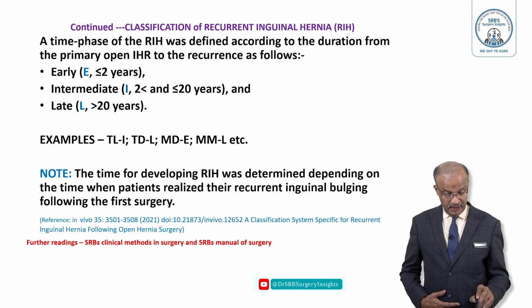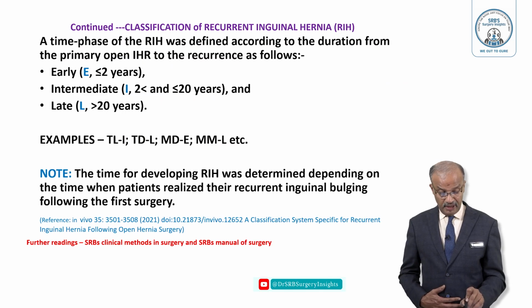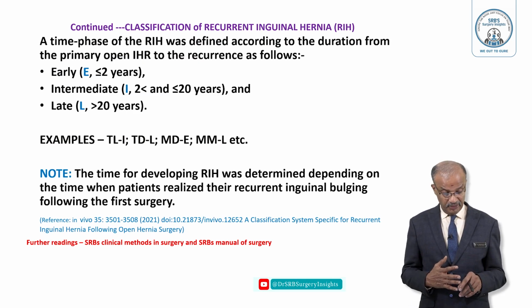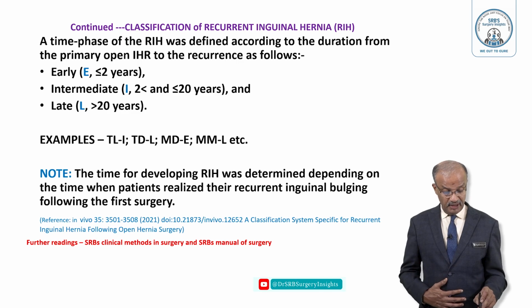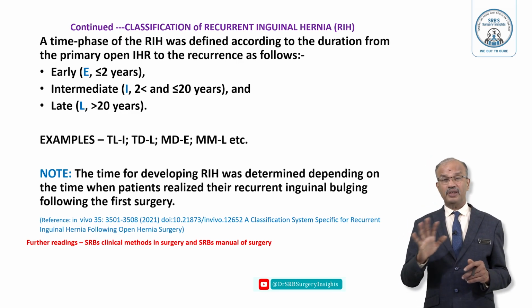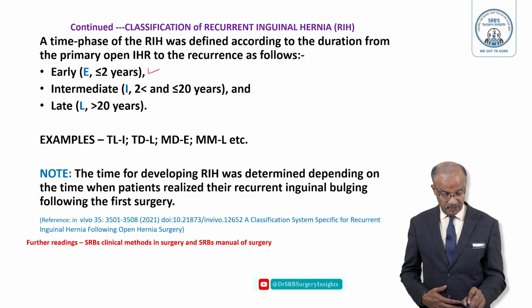Again, the time phase of recurrent inguinal hernia is defined according to the duration from the primary open inguinal hernia repair to the recurrence. When recurrence occurs less than 2 years after repair, it is labeled early, E. In olden days they said early recurrence was within 5 years, but it is not so; currently 2 years is the guideline.